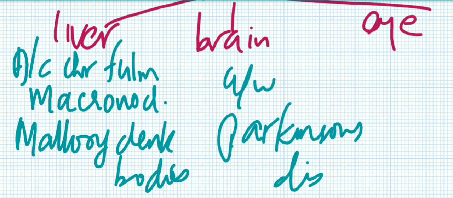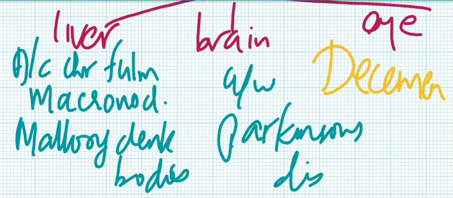Now what are the features in the eye? Yes, sunflower cataract and Kayser-Fleischer ring. You can see that in the cornea. In which membrane is it getting deposited? In the Descemet's membrane. So you get a yellow-brownish colored ring, the Kayser-Fleischer ring.